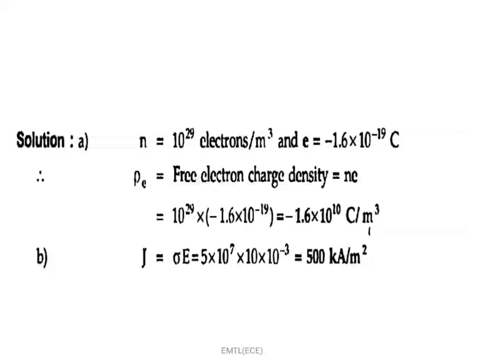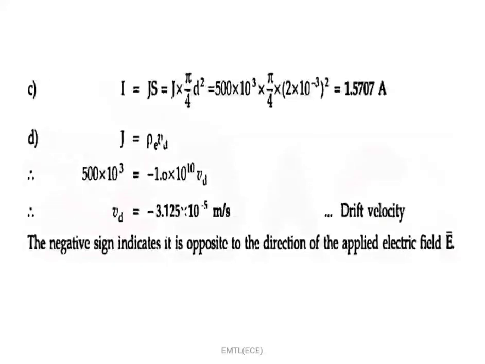And the next question is current. By the definition of current density, it is the current per unit area.